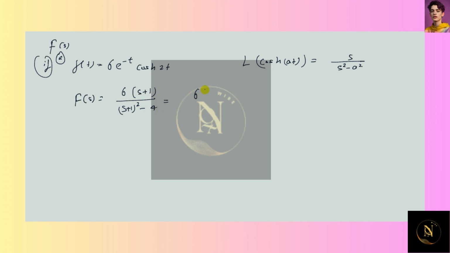After solving, this is 6(s+1) divided by s² + 2s − 3.